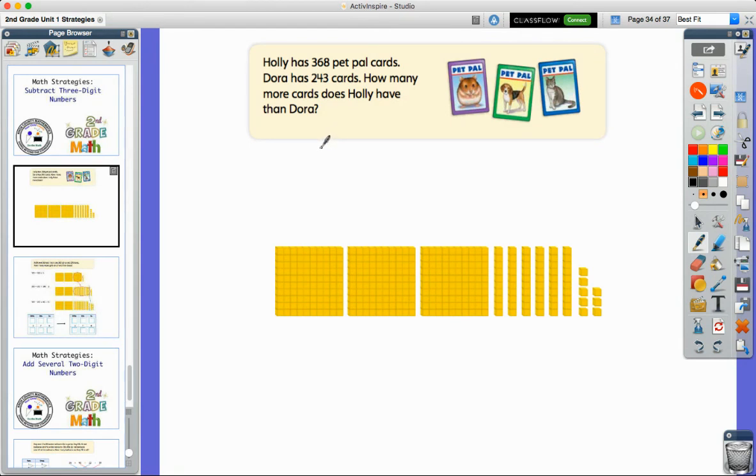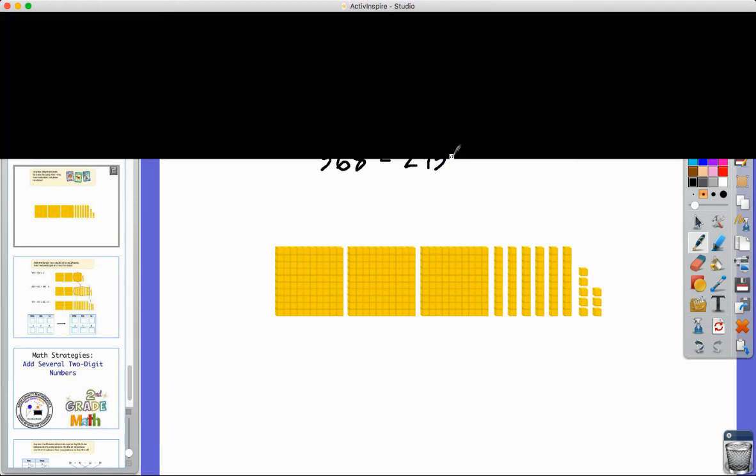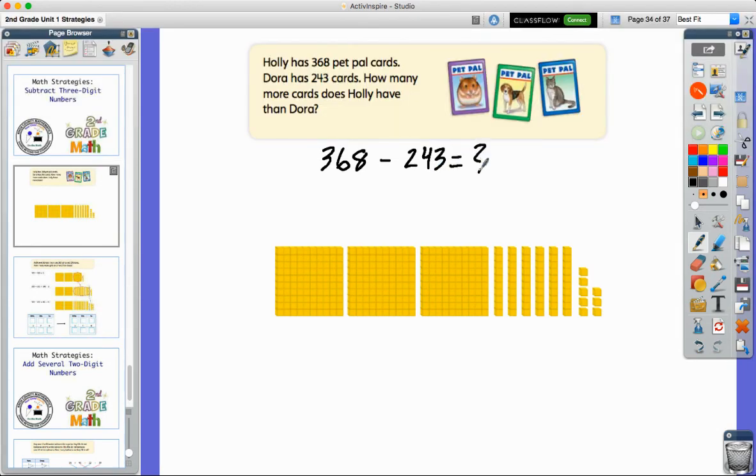If Holly has 368, we're going to subtract what Dora has to find the difference. All right, so one of them has more than the other. We're going to subtract those two numbers to find out the difference. So this one's going to be pretty easy because it does not involve any regrouping.